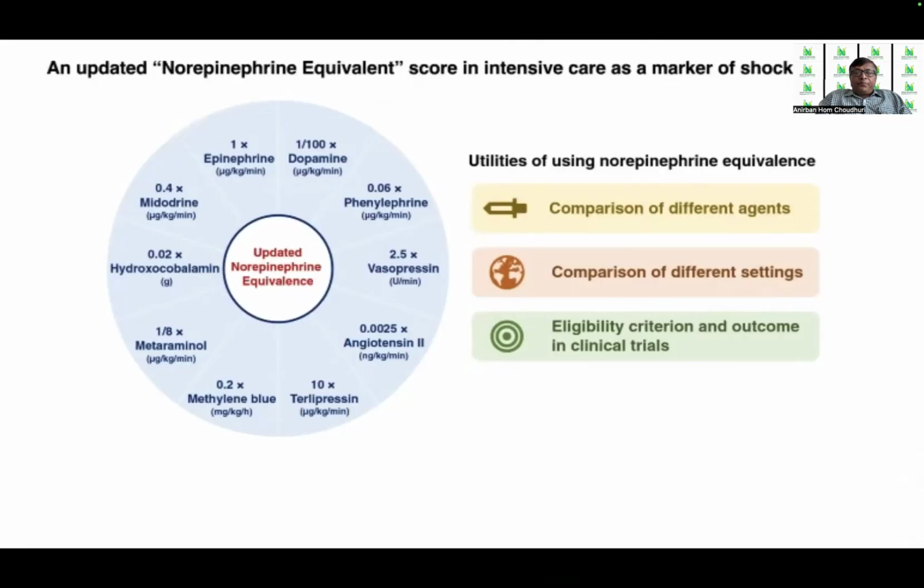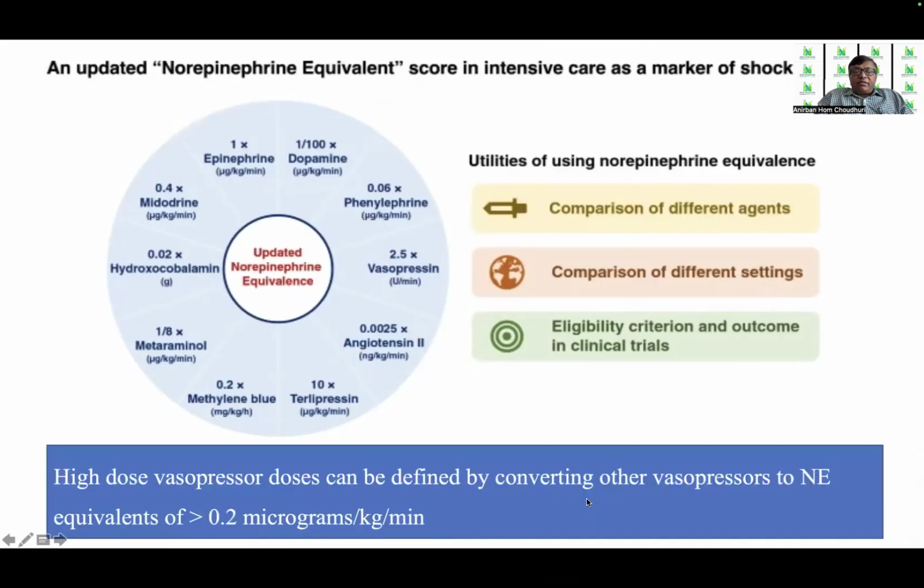Generally speaking, in most of the studies, although the exact definition is not there, the high dose of vasopressor is one which can be defined by converting other vasopressors, or if only noradrenaline or norepinephrine is used, in equivalent amounts of more than 0.2 mics per kg per minute.